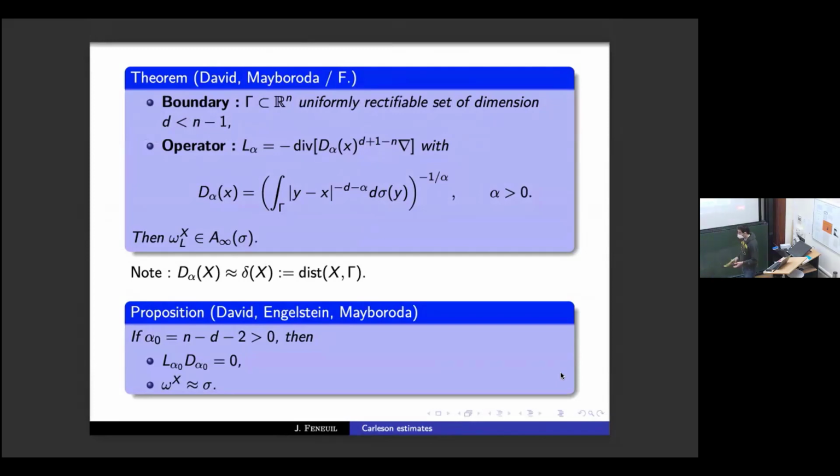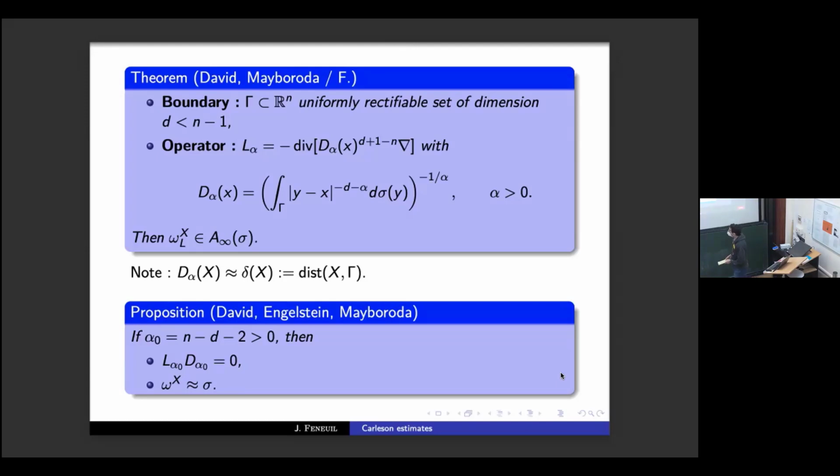for uniformly rectifiable set, if the elliptic measure is A infinity. So we take a uniformly rectifiable boundary. The domain is a complement, so you need to remember we cannot take every operator. So in the codimension 1 case, in the previous case, it works when we take the Laplacian. It works when we take some t-independent operators or something related to Carleson measure, but we could not take any operator.